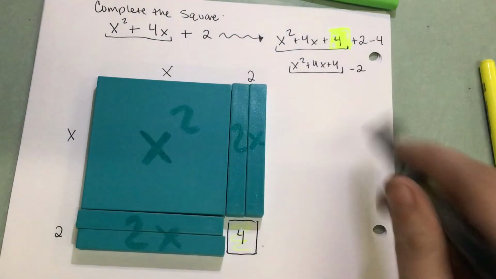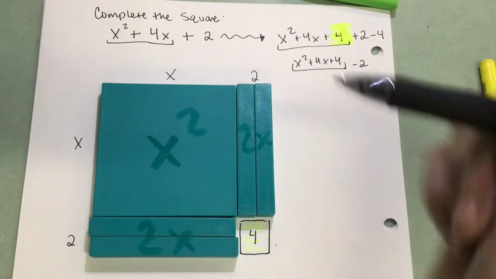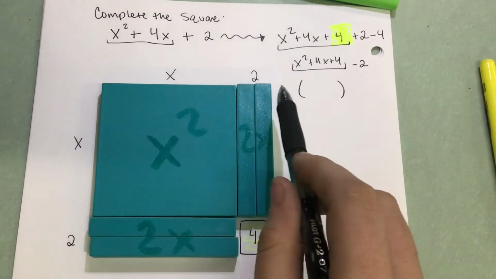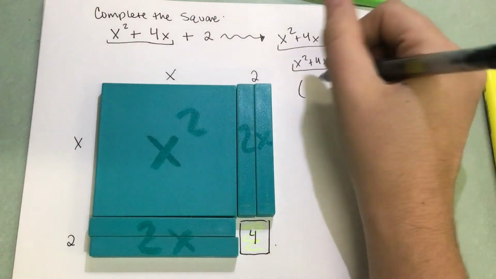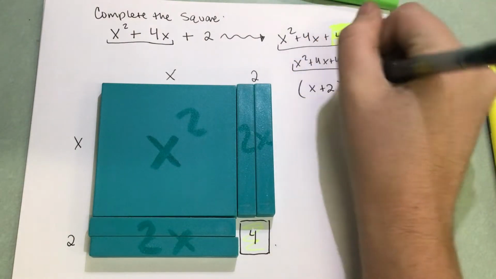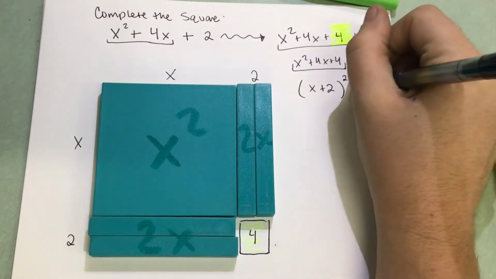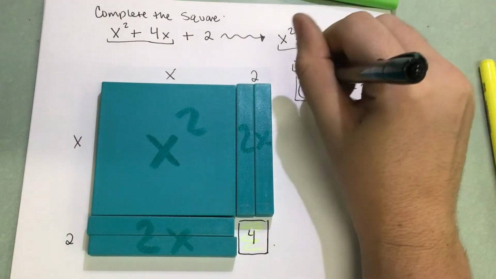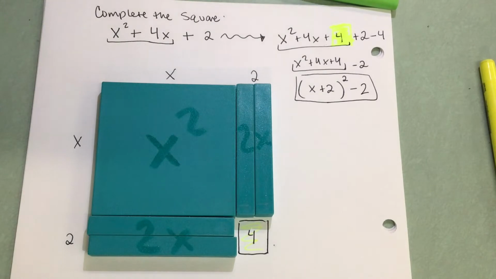Let's write this whole picture in vertex form. This shape is an x by 2 and an x by 2. So we're going to do x plus 2 squared minus 2, and I'm done. There is a visual example of completing the square when we're trying to fill out this space.